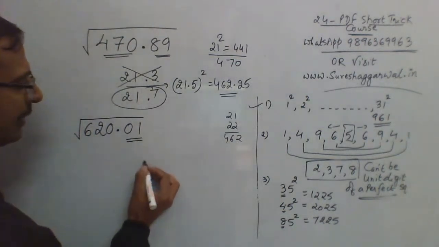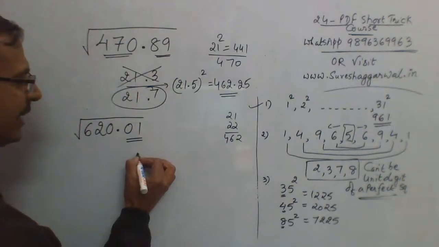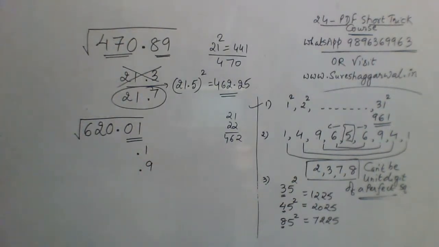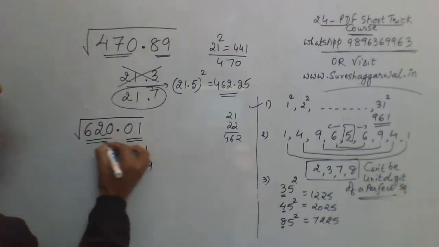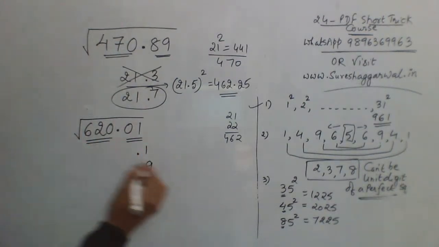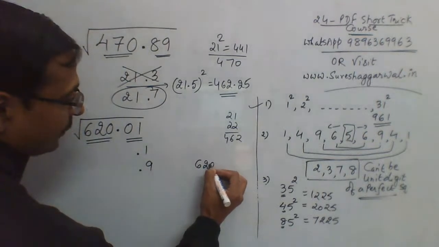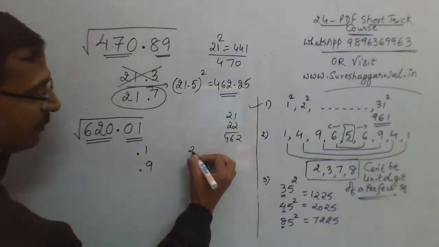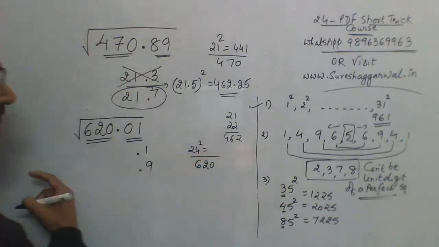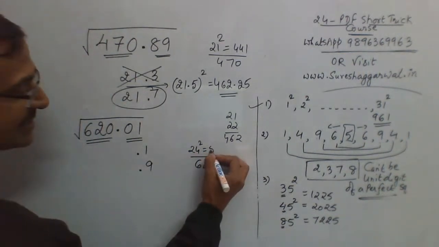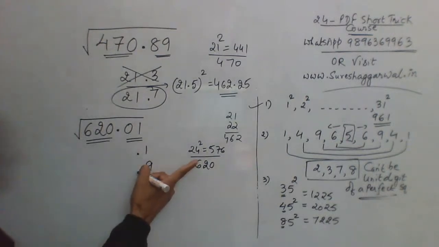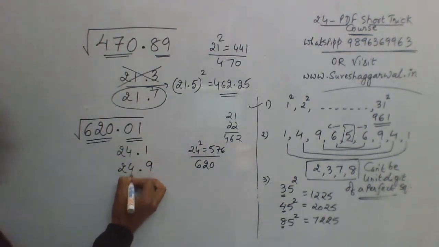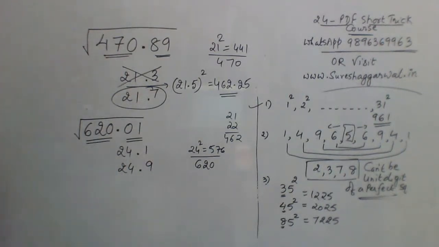24.9 is the answer I'm getting there. So let's see how it comes. See, 0.01 ends with 1, so my answer will end with either 1 or 9. 9 square is 81. Now 620 is closest to 25 square, you must know 625. So 24 square is 576. So this is the closest square. So 24.1 or 24.9, either of the two is a correct answer.